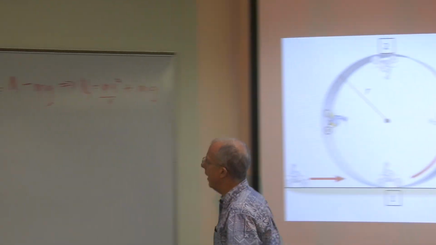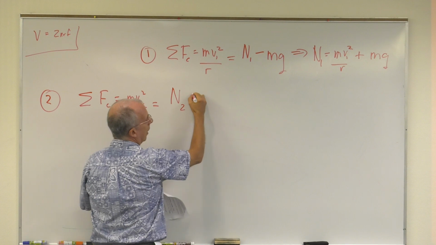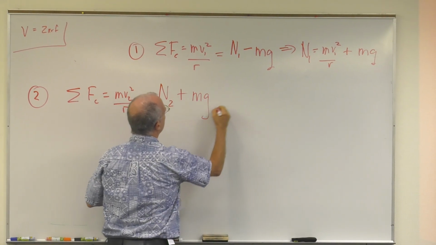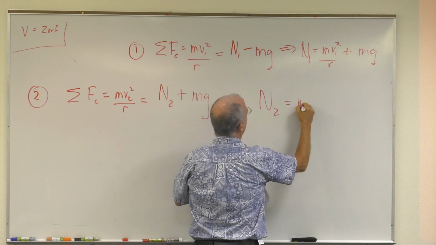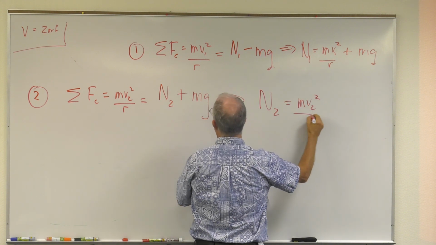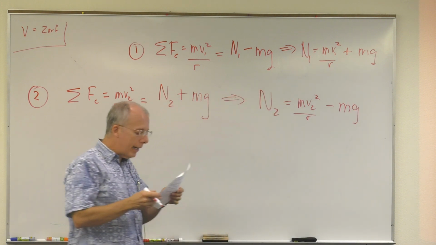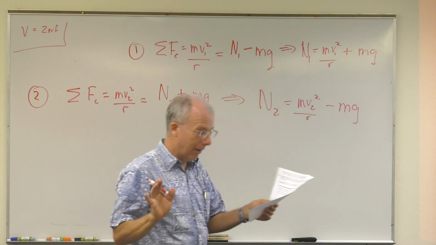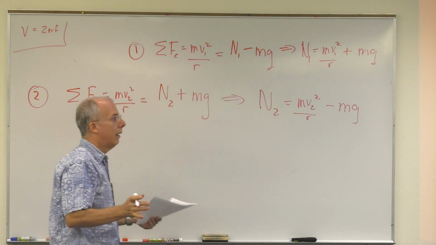So now we just say N2 plus mg. And therefore, N2 equals mv2 squared over r minus mg.